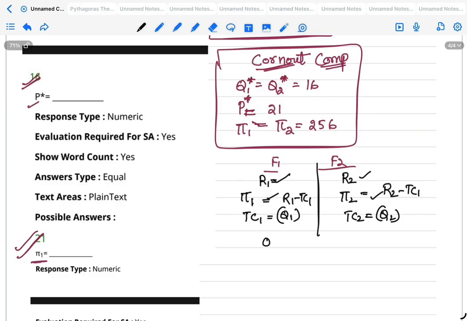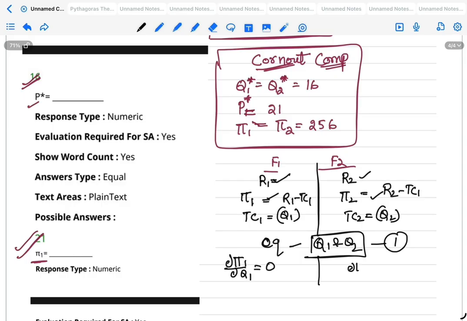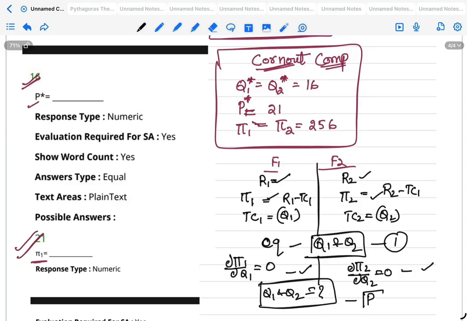So find the equations in terms of Q1 and Q2, and solve these equations. We find dou pi 1 by dou Q1 equals 0, dou pi 2 by dou Q2 equals 0. From these equations you can solve and find Q1 and Q2. First you find Q1 and Q2, and after that find P and find profit pi 1 and pi 2.